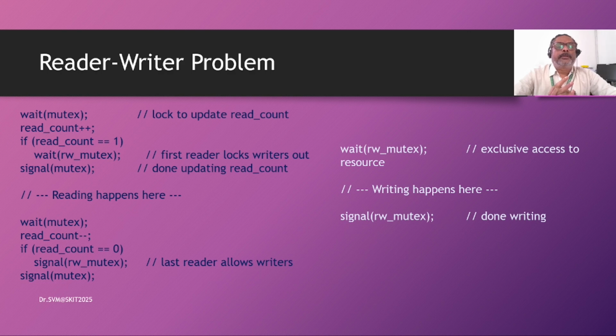One for taking care of the consistency of the read count, and the other for taking care that either multiple readers can be allowed or only one writer can be allowed, and so on. So that's it about this problem and the solution.